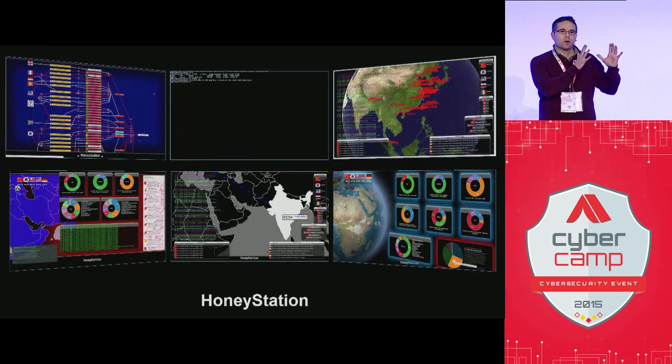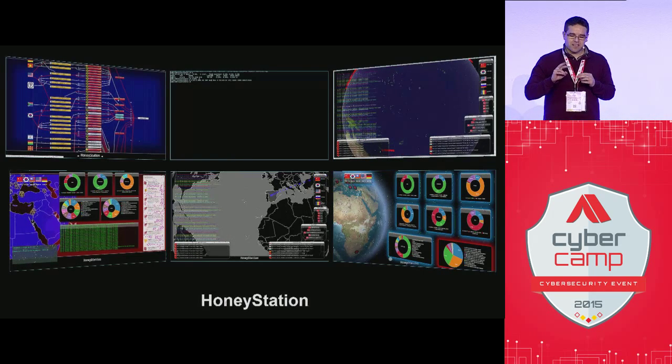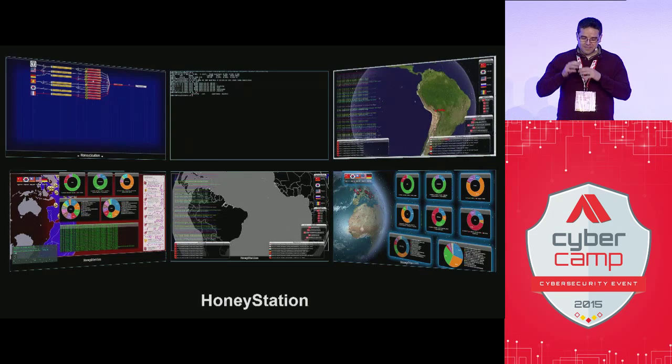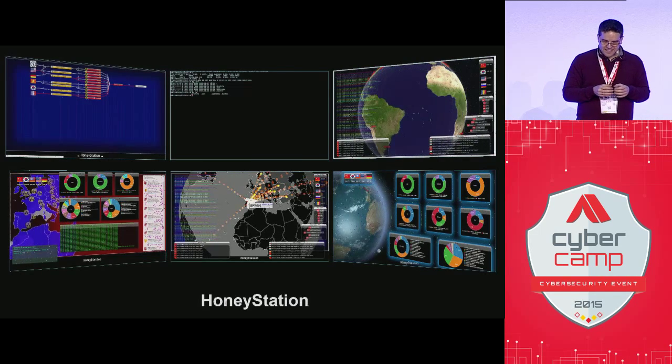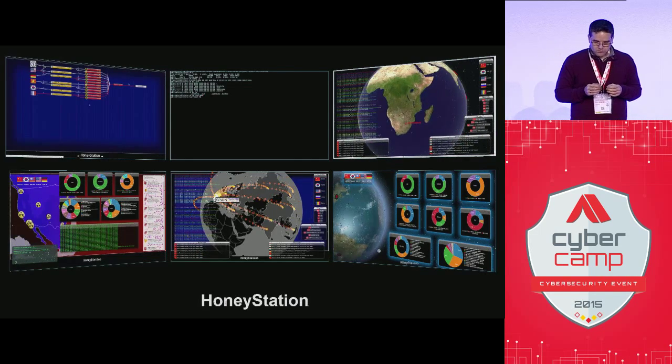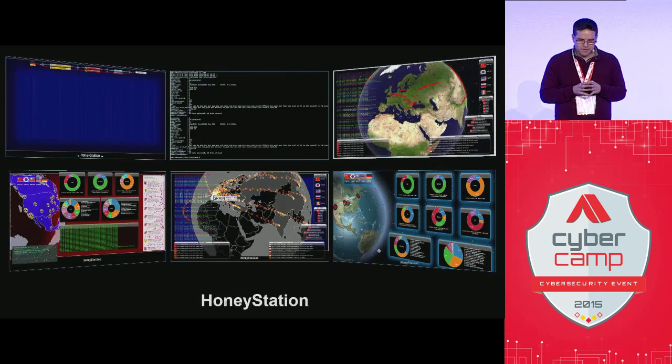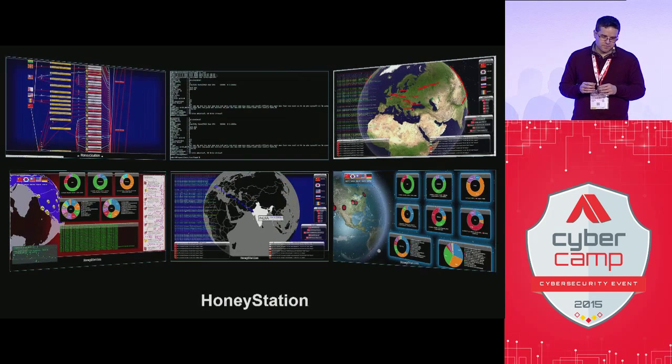There are 5 panels here. One of them is the view of the actual honeypot, and the other 2 are from the viewpoint of the country and from the city. So this is about the attack trends, and this is another map about malware and the location of the malware.